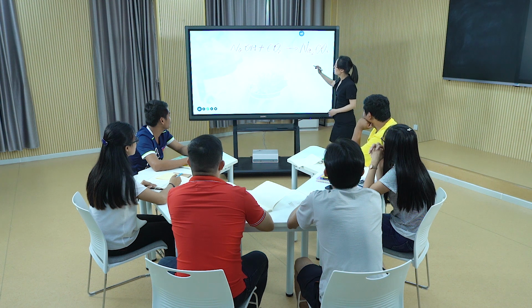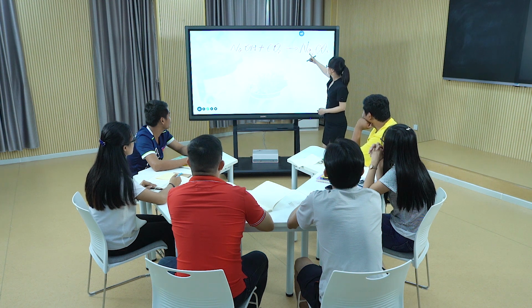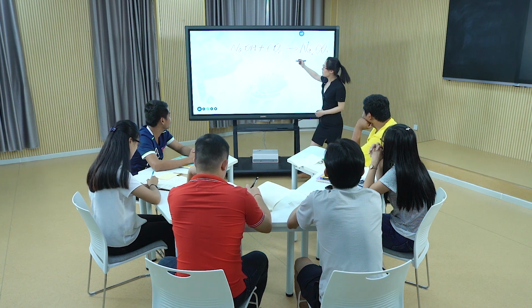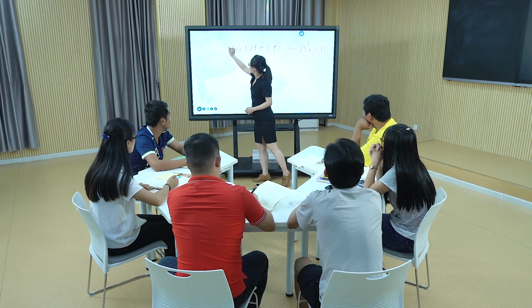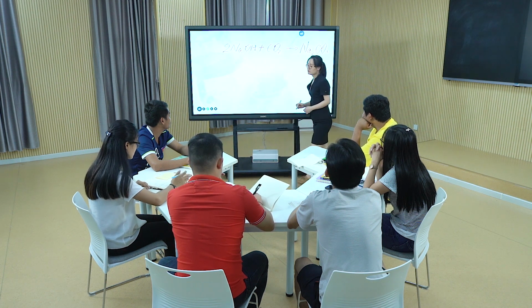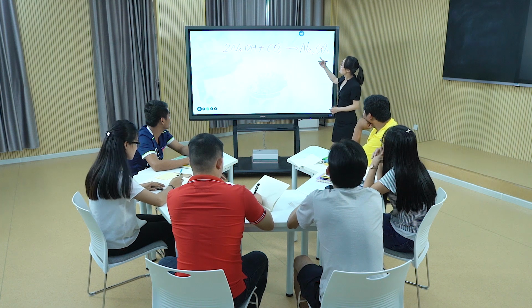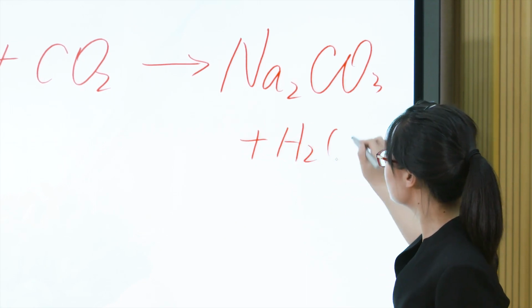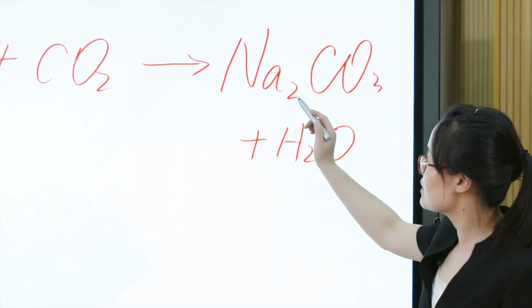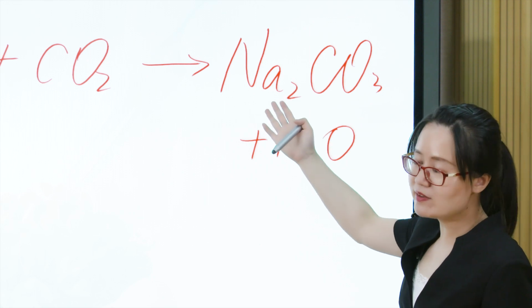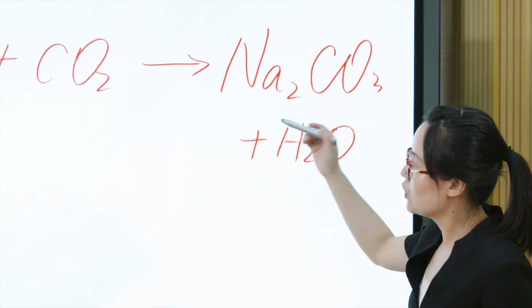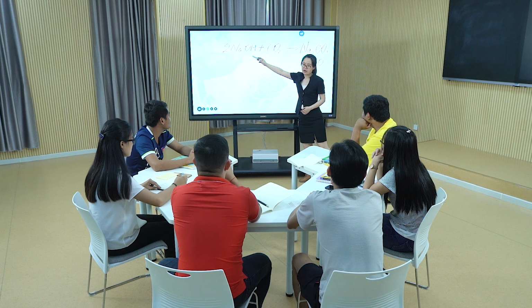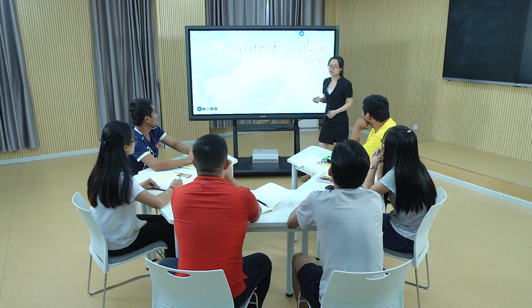And we know that here 2 sodium, then here we'll add 2, right? And we also need to have water, right? So you can see that to get 1 Na2CO3, we need 2 NaOH.